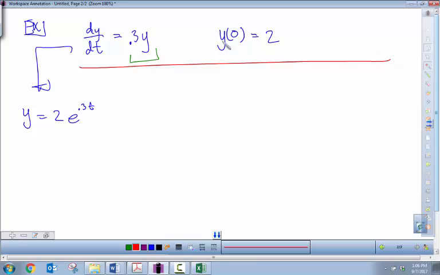So the actual problem will ask, find y of 2. They usually don't want to go very far from your initial x value, because the farther you go, the more error you're going to get, of course.